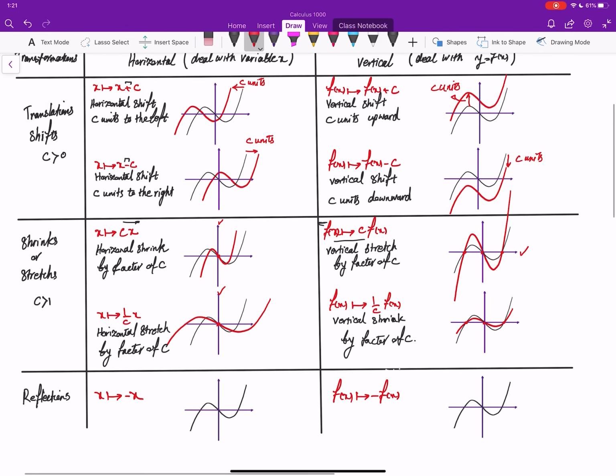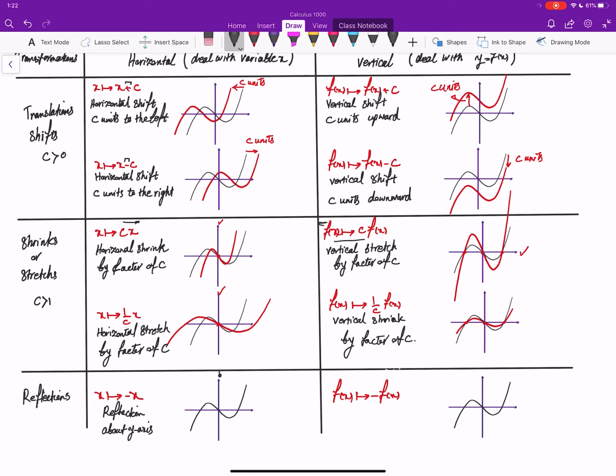Okay, so for the reflection, well, if you turn x to minus x, what will happen is that we have a reflection, but it is horizontal. The only mirror we have here is the y-axis, so it is about the y-axis.